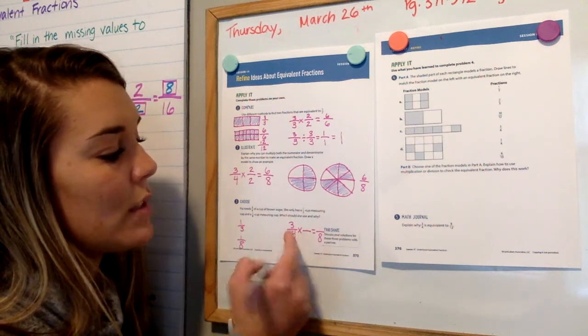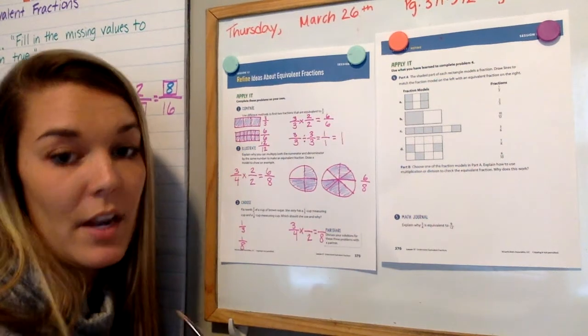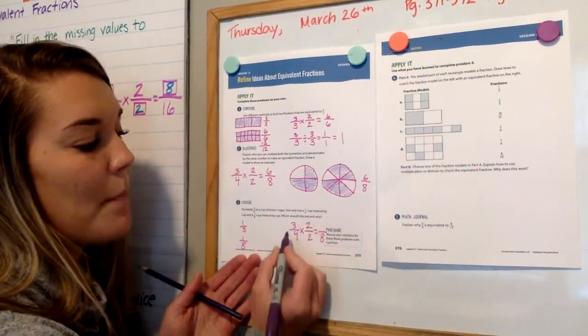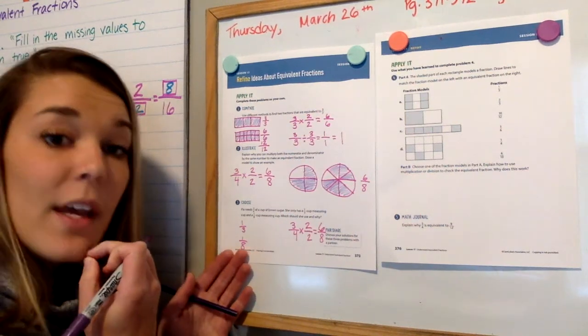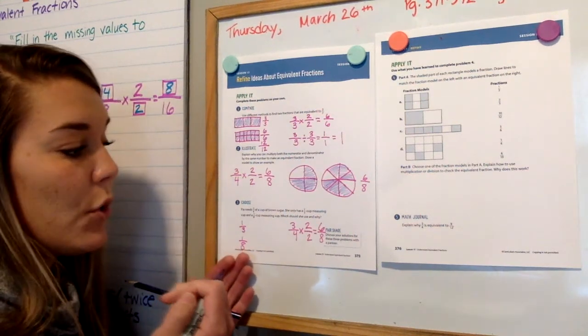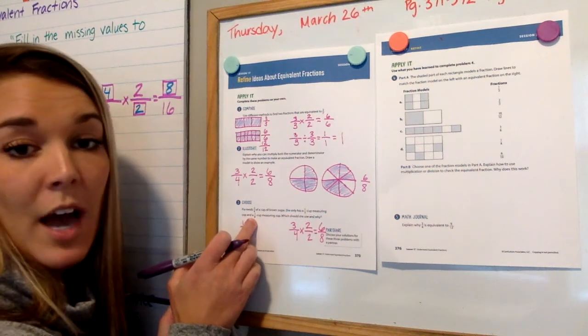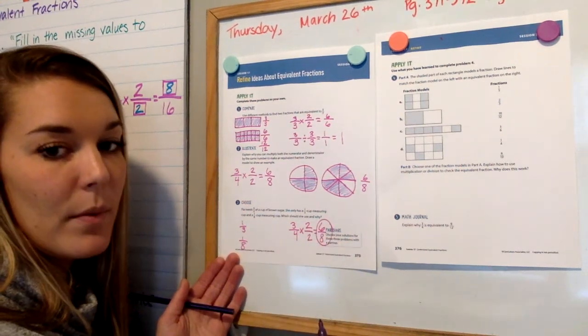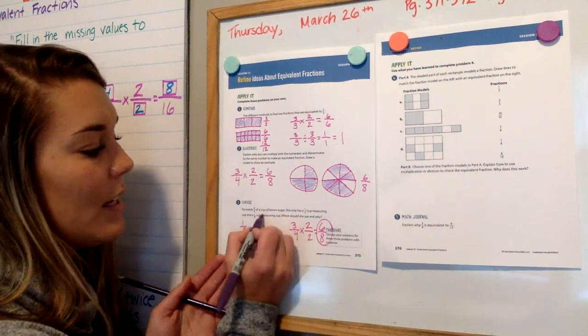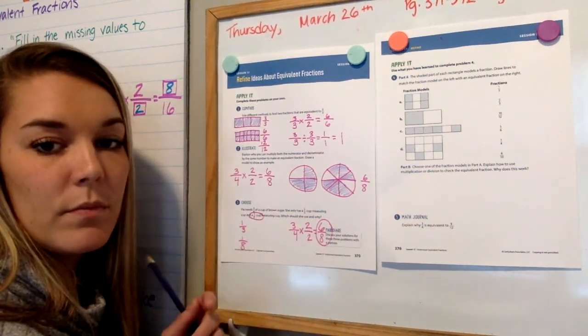So 4 times 2 is 8, right? Whatever I do to the bottom, I must do to the top. 3 times 2 is 6. So Fia could use the 1/8 measuring cup, and she would need 6/8 of that cup. Okay? Just circle it in the problem too.